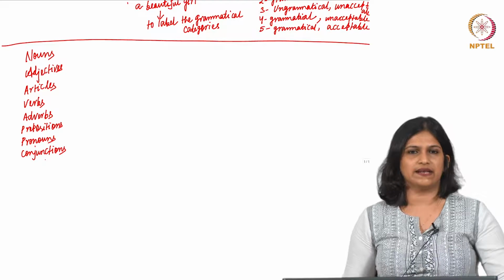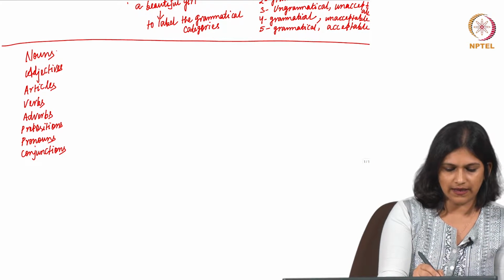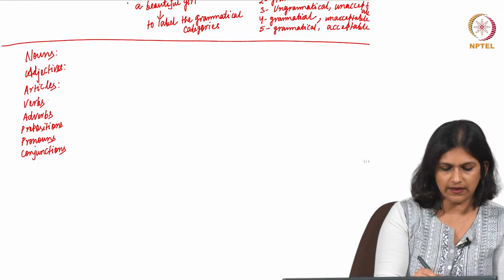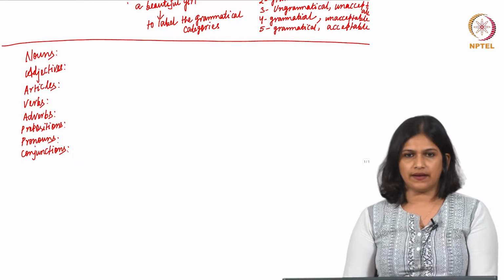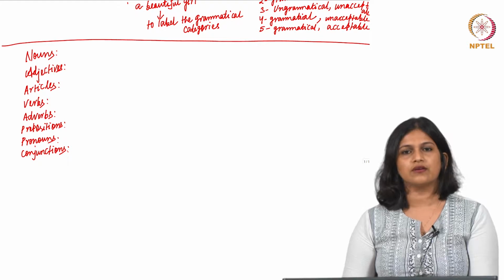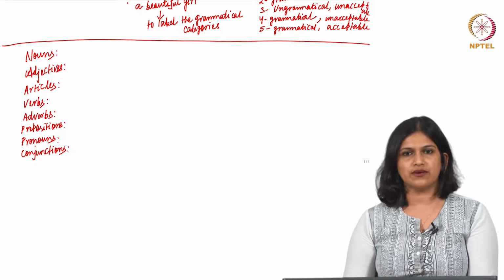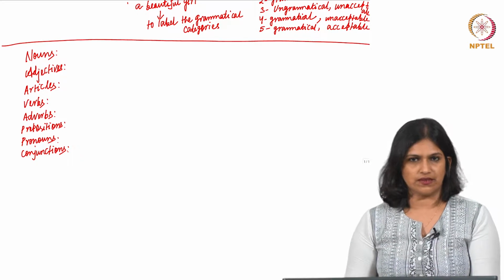Okay. These are some basic labels of grammatical items. There are certain grammatical items which we can actually name like this. Okay. And these items are generally found cross linguistically. So, when I say cross linguistically, that means it is available in most of the languages in the world.